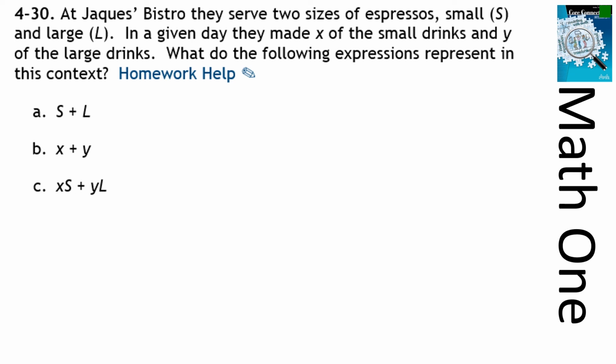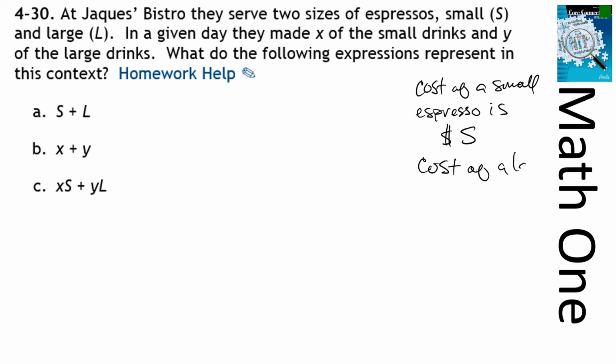I think the intent of the author was to say that the cost of a small espresso is S dollars, and the cost of a large espresso is, let's see, L dollars. So I think if S is the cost of one small and L is the cost of one large, this problem makes a lot more sense.